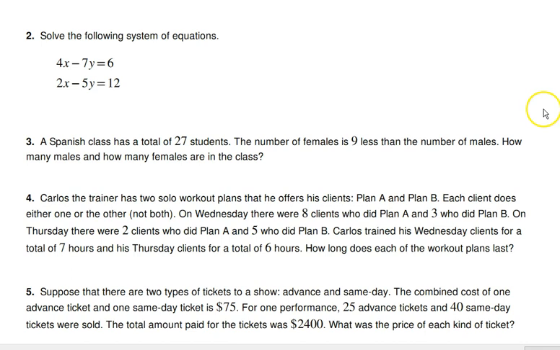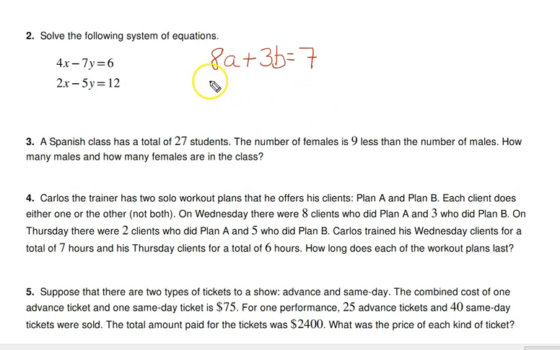Okay, as we look at example 4, again, you're going to have to read that carefully, pause it, and as we start to lay out the equation, we have two plans. On Wednesday, there were 8 that used plan A, and 3 that used plan B, and on Wednesday they spent 7 hours.